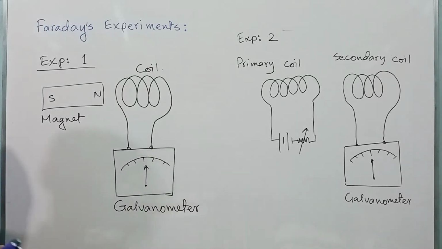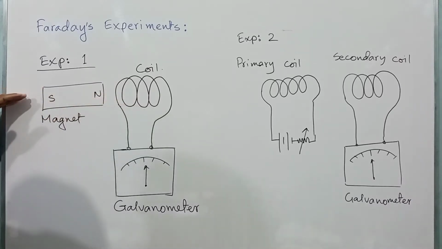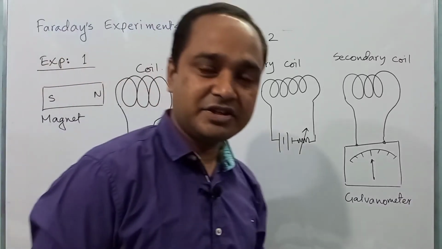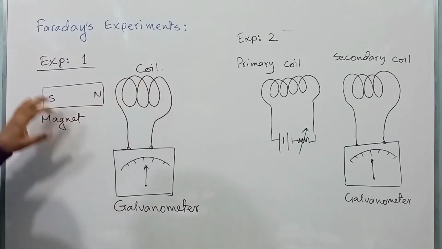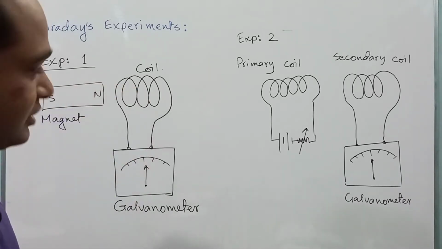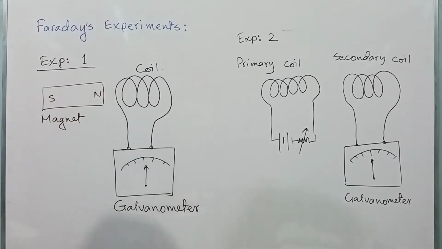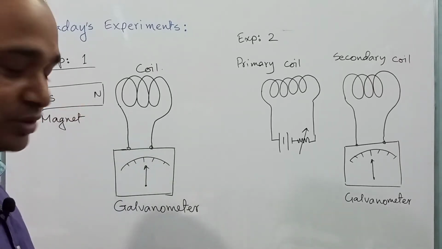He showed that when the bar magnet moves towards the coil and moves away from the coil, that is, when there is a relative motion between the closed coil and the bar magnet, there is a deflection in the galvanometer. When the magnet moves towards the coil, the number of magnetic lines from the bar magnet entering the coil increases, and when the magnet is moved away from the closed coil, the number of lines decreases.